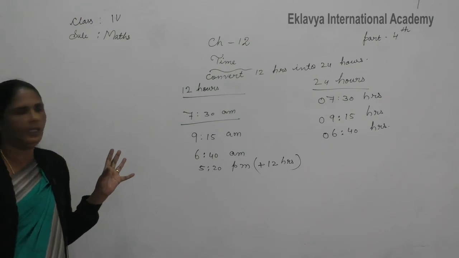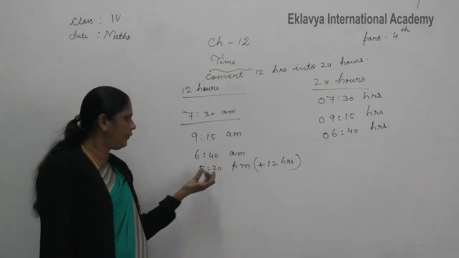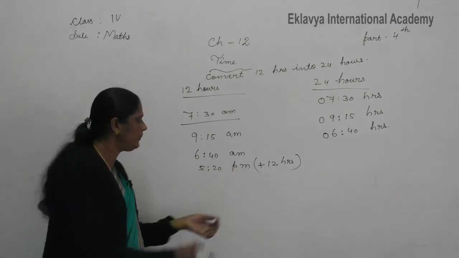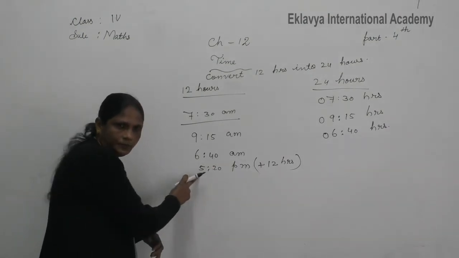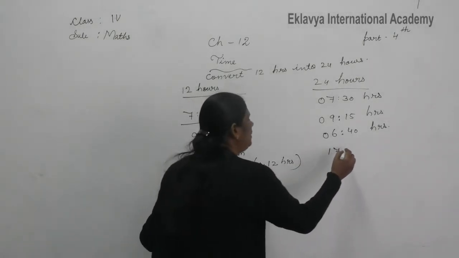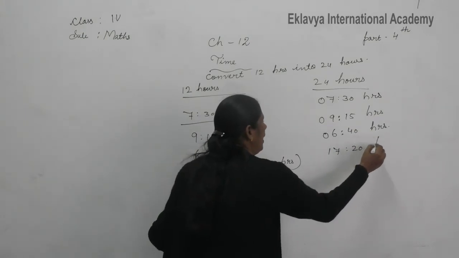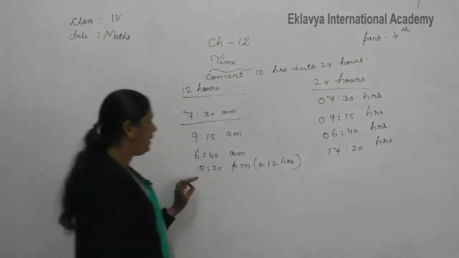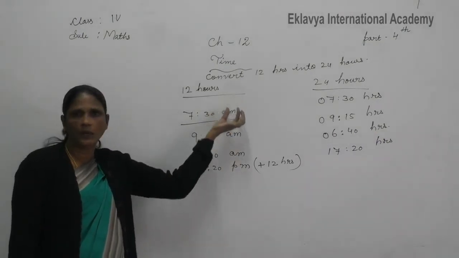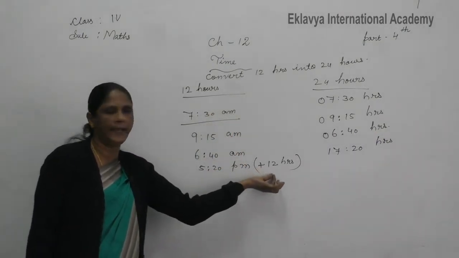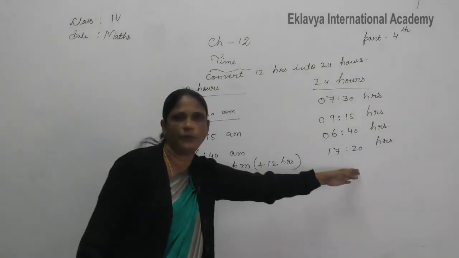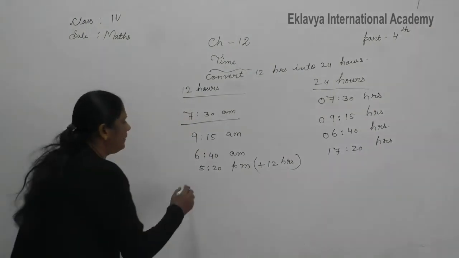Then 12 plus 5 is 17, so 17:20 hours. In PM, we add 12 hours to the hour. 12 plus 12 is 24 hours. Okay.